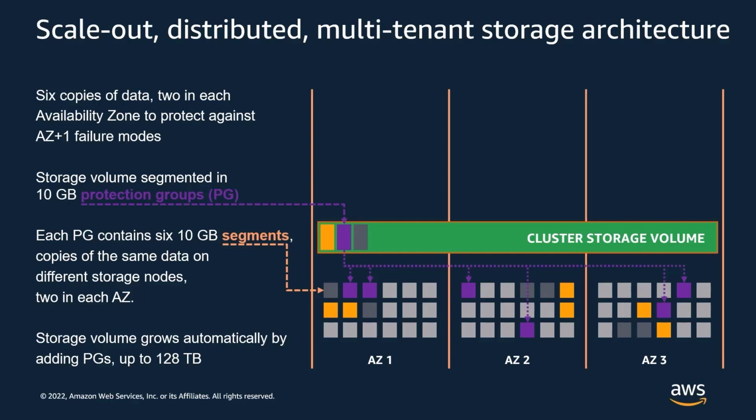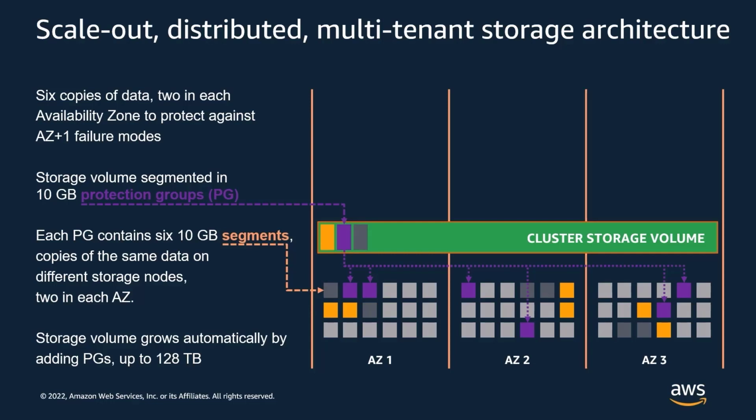This helps Aurora survive failure of an entire availability zone plus an additional failed node. We segment the storage into 10 gigabyte protection groups, and each protection group is further made up of 6 10 gigabyte segments. These are the 6 copies of replicated data we referred to earlier, 2 in each availability zone.